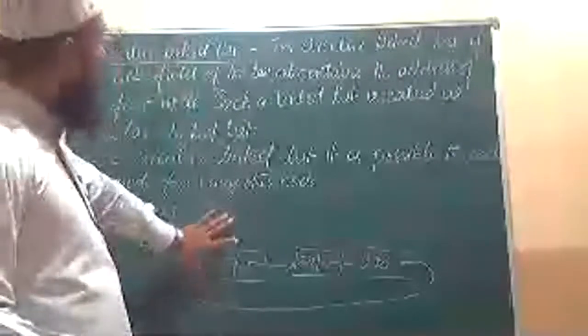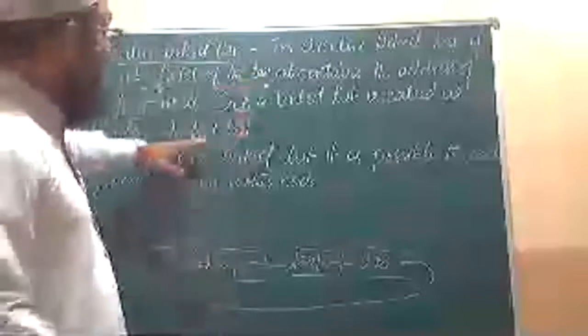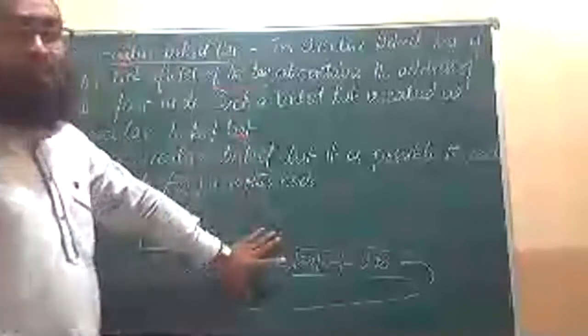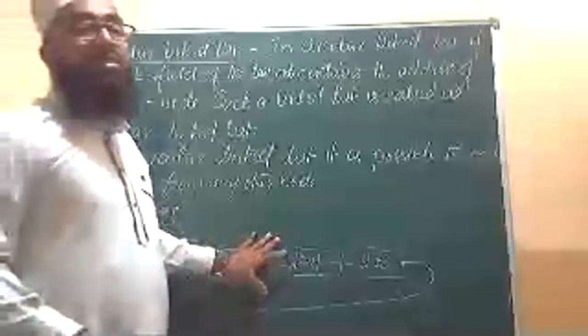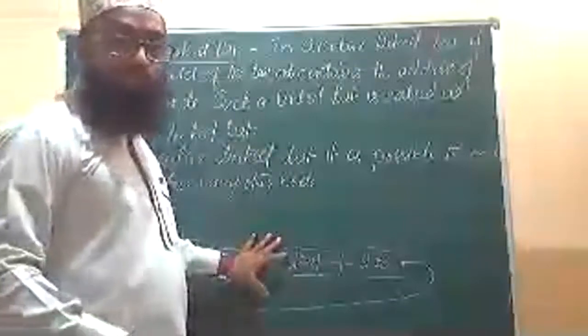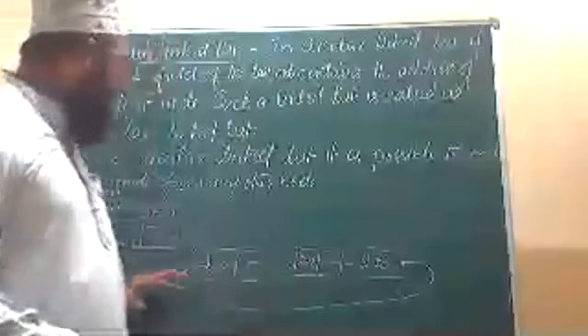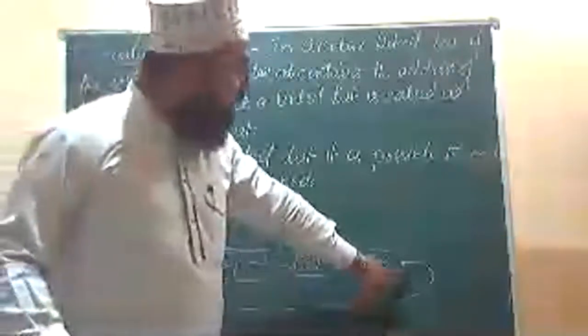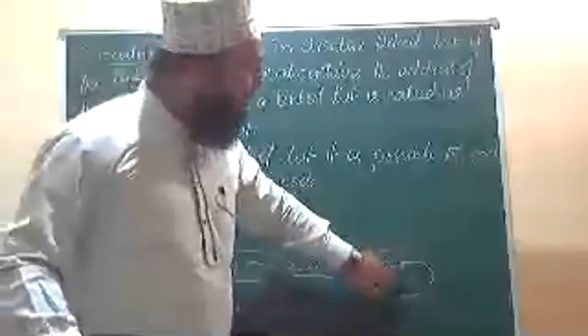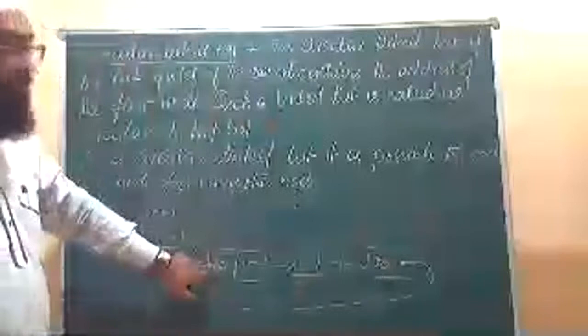So this type of linked list is called a circular linked list, as I have shown you in the circular queue. The same type here is a circular linked list. This is the data field, and the link field of the last node contains the address of the first node.